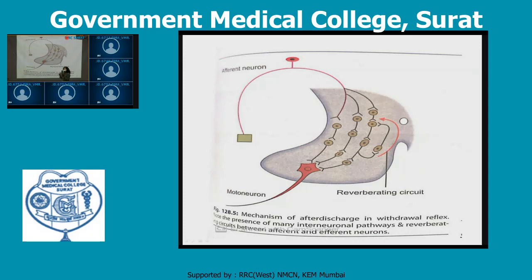It percolates for some time, and that is why you must have observed that whenever there is a withdrawal of a limb, the posture is maintained for some seconds after withdrawing. This is due to the after discharge property of the reflex activity. This is all about the reflex action. Reflexes. Thank you very much.